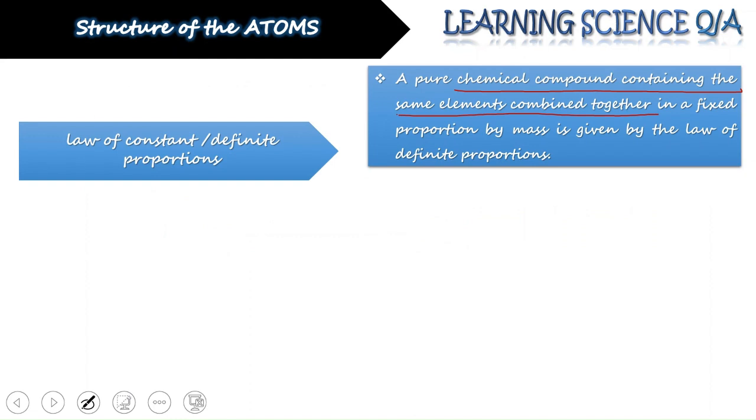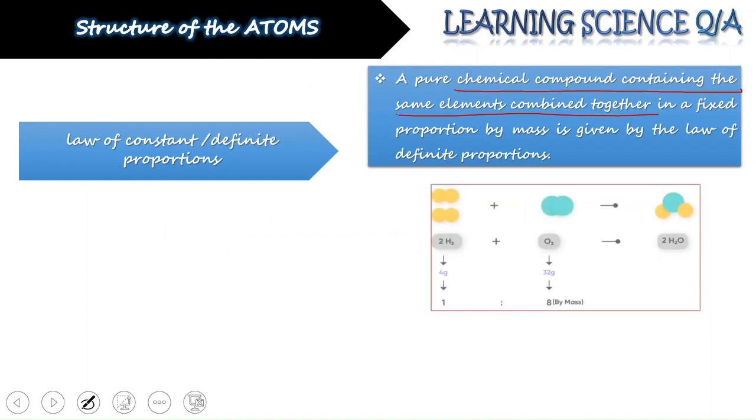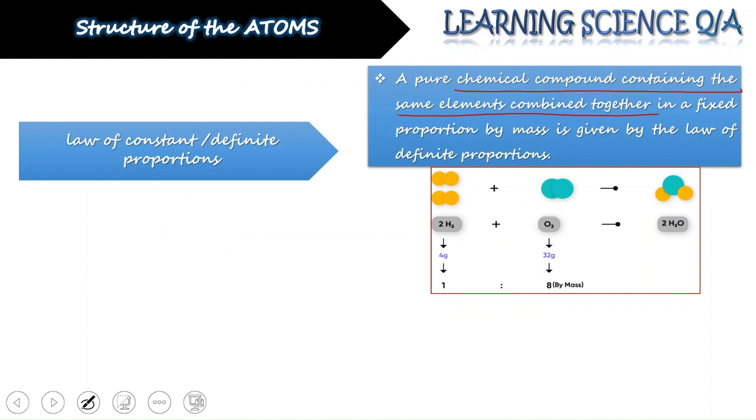Now this simply means if we have a pure compound obtained from any source, say for example we are taking water from 5 different sources, all these water samples will have their constituent elements in fixed proportion by mass, and this proportion is irrespective of the source of water or irrespective of the method of preparation.